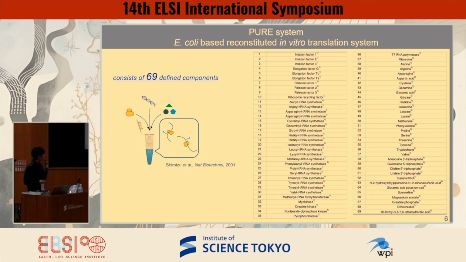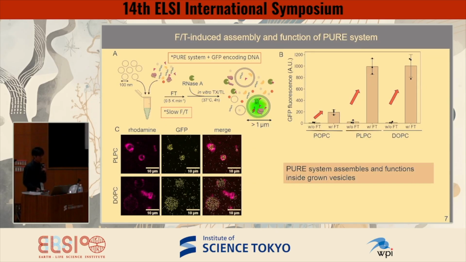What we used here is the PURE system, which consists of 69 defined components, including enzymes, ribosomes, and some small molecules, which must assemble correctly to function. So basically, what we did is mix empty vesicles, 100 nanometer size, and PURE system, plus GFP-encoding DNA.